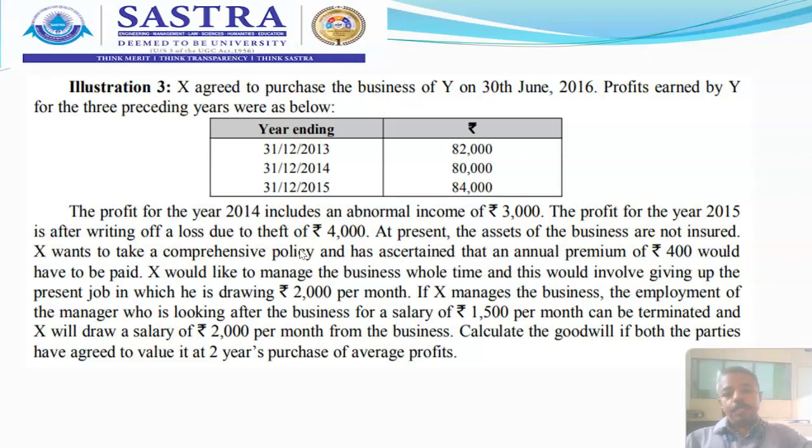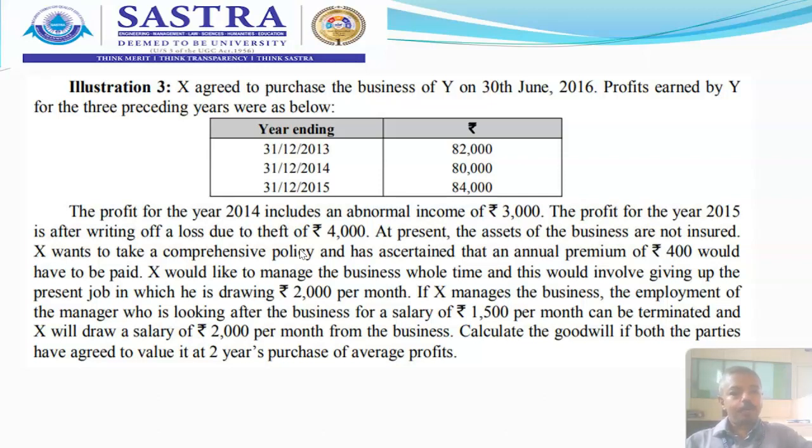Then profit for year 2, rupees 80,000. Please make a note, this has some adjustments. We have a few additional pieces of information with respect to year 2. So write that 80,000 in the inner column. Now go through the adjustments with respect to year 2.